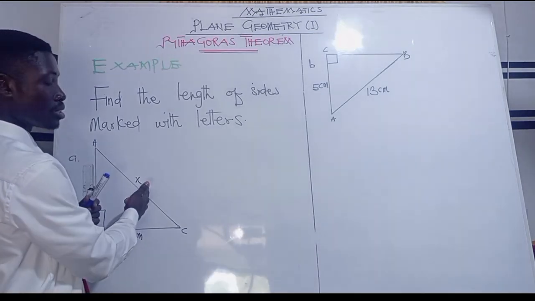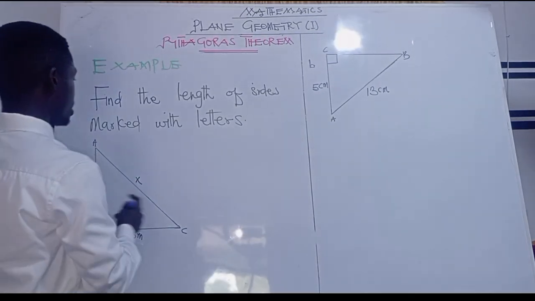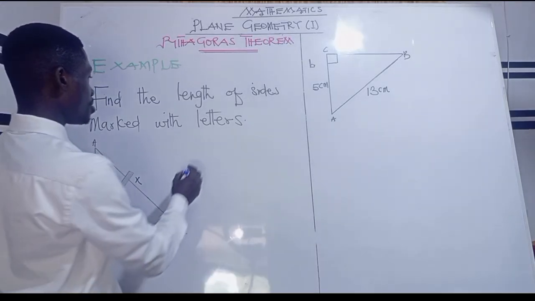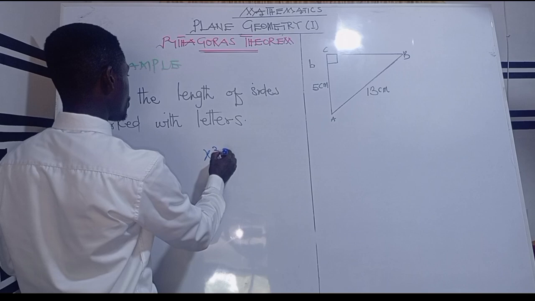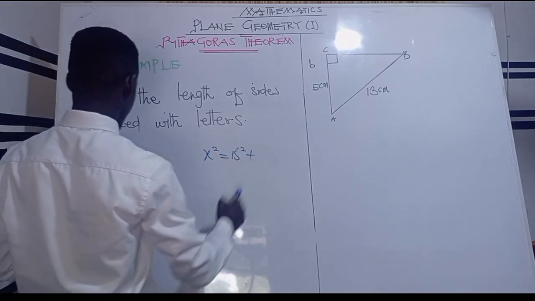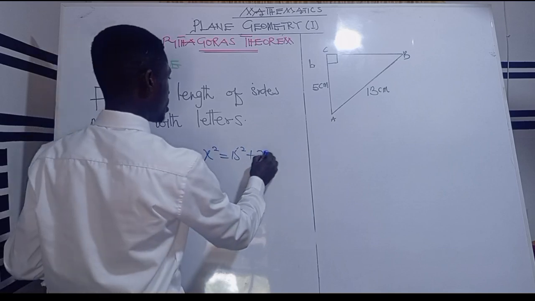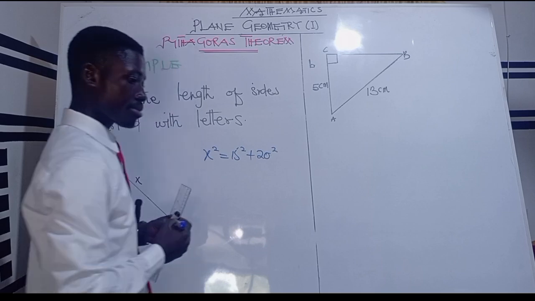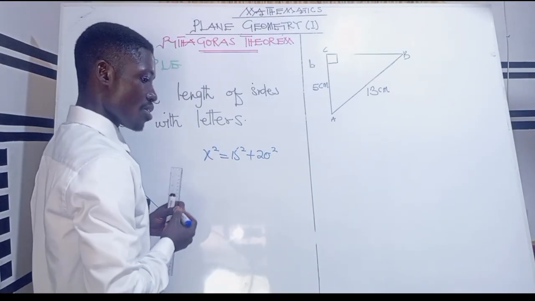Good. So the Pythagorean theorem says that the square of the hypotenuse, or this, is equal to the sum of squares of the other two sides. So you are going to get s squared is equal to 15 squared plus 20 squared. Good. That is what we are going to find.